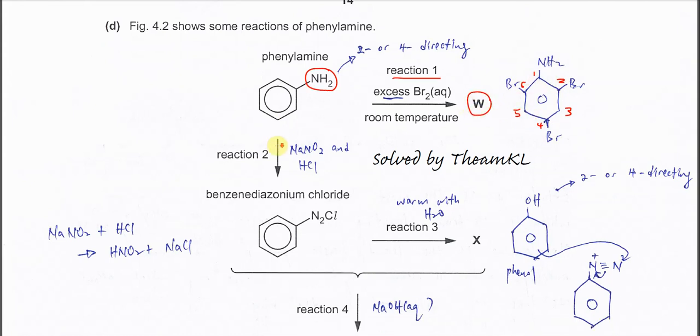So for reaction 2, we need to know what product forms. It's from benzene diazonium chloride. To form benzene diazonium chloride from this phenylamine, we must use sodium nitrite, NaNO2, with HCl. Why?